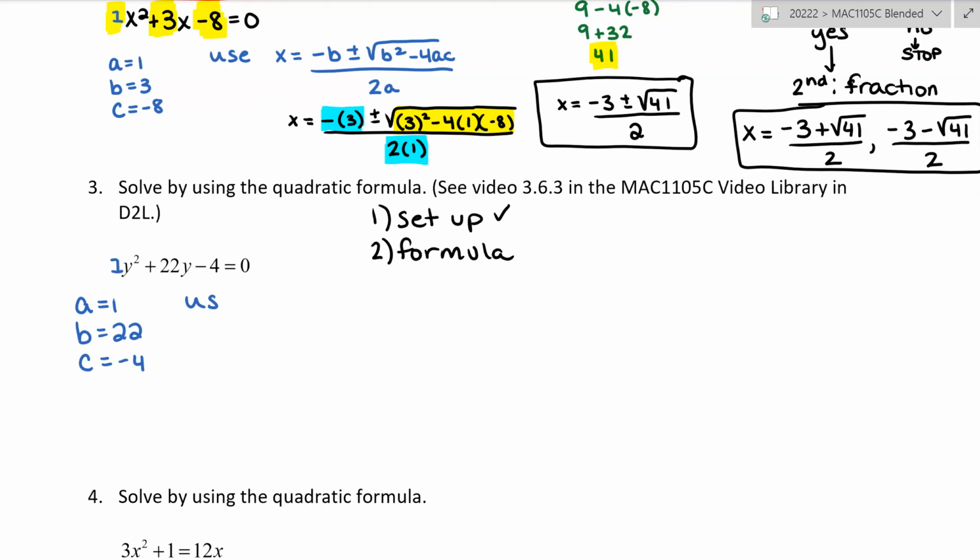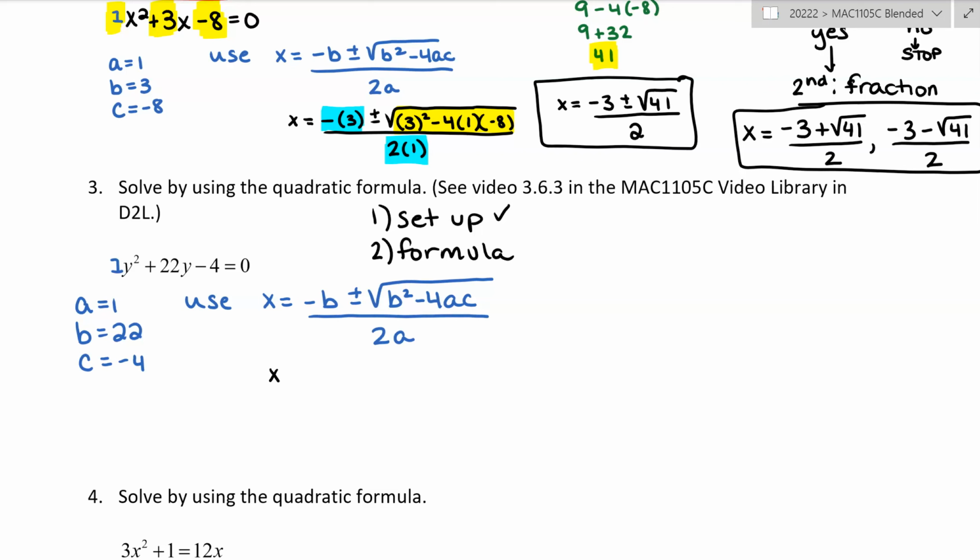And we're going to use x equals -b plus or minus the square root of b squared minus 4ac, all over 2a. So everywhere we see a, we replace with 1. Everywhere we see b, we replace with 22. And everywhere we see c, we replace with -4.